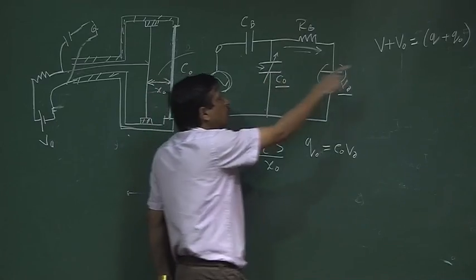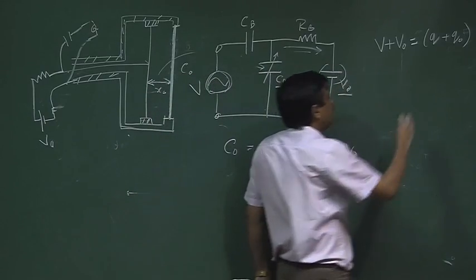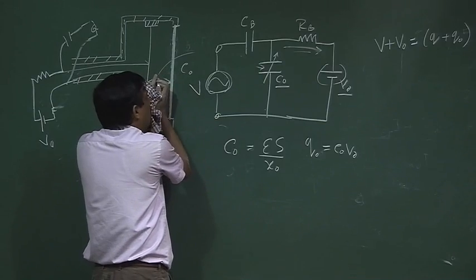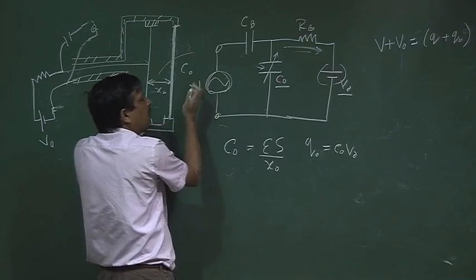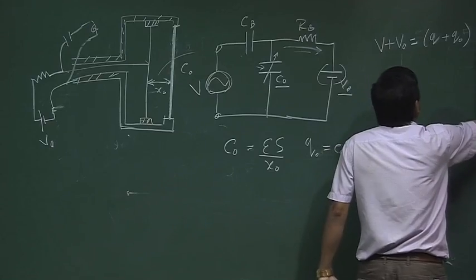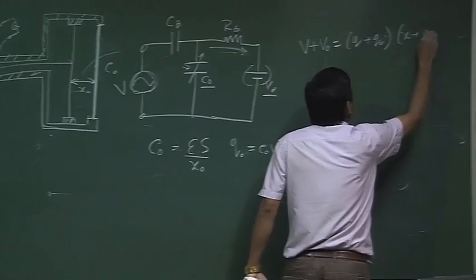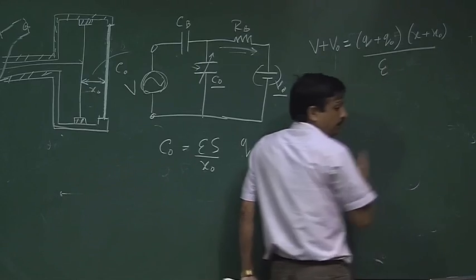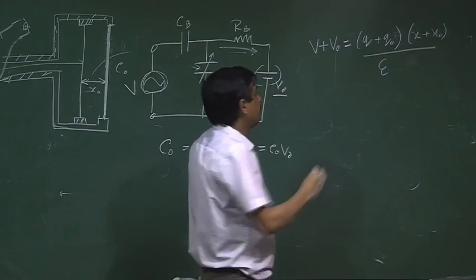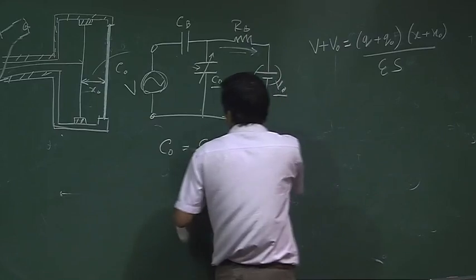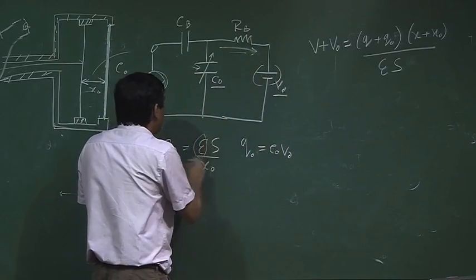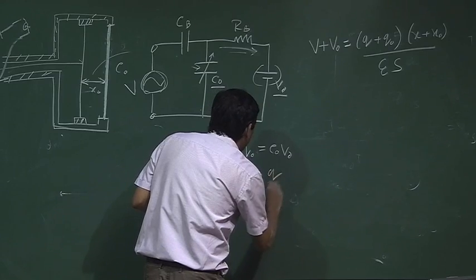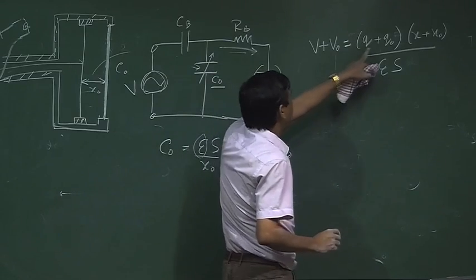So, if the charge is increased, the displacement will reduce, or if the charge is decreased, the displacement will expand. So, the displacement changes from X0 to X, divided by epsilon S, because V is nothing but Q by C.